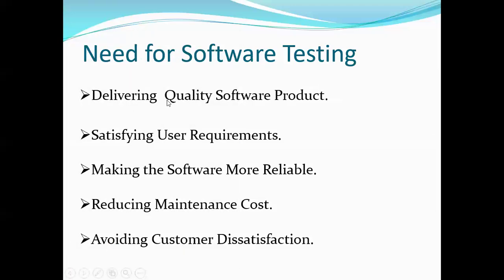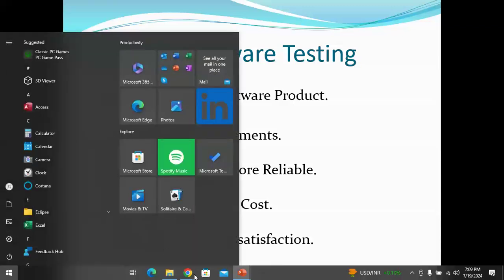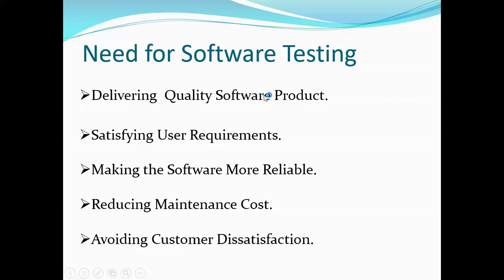So what is the need for software testing? Suppose you really want to go into software testing. What is required? Delivering a quality software product. Always you need to deliver a quality software product that satisfies the user requirements. I told you yesterday, you should satisfy the user requirements.